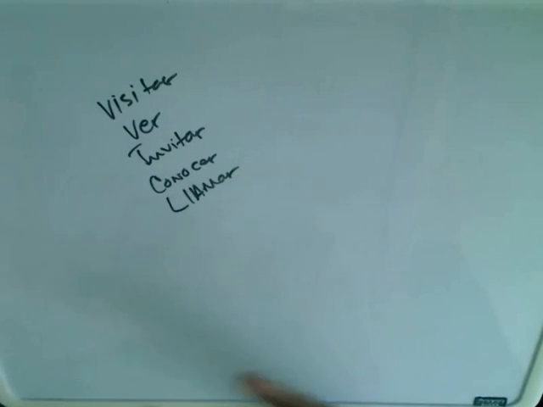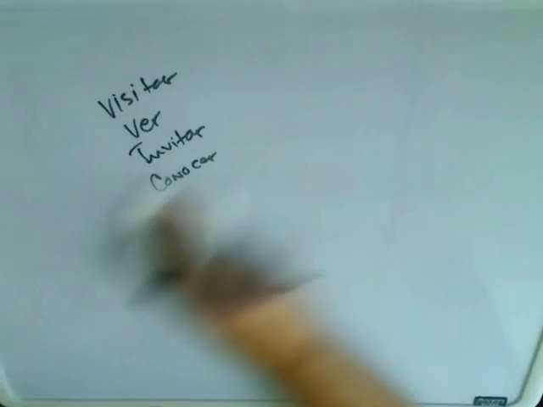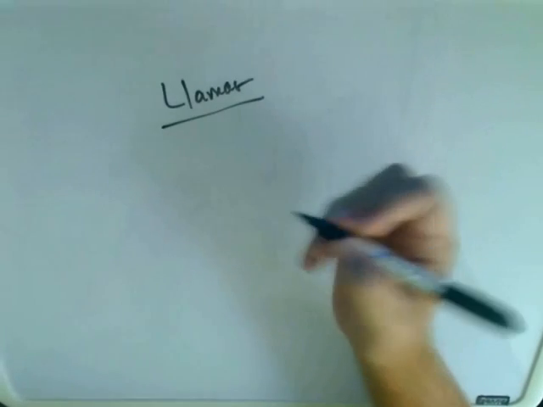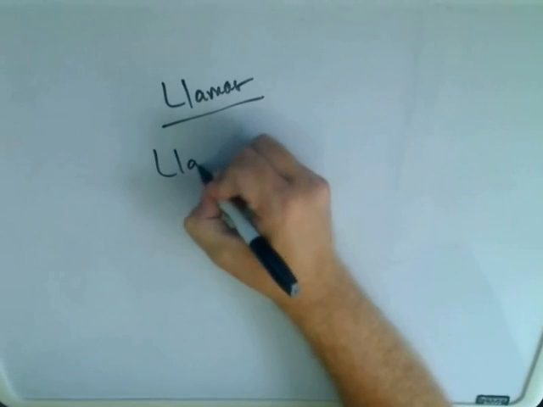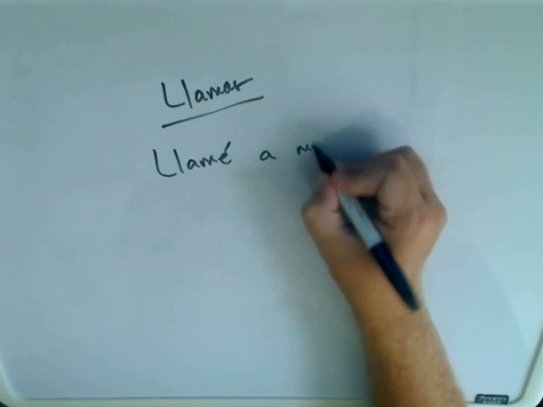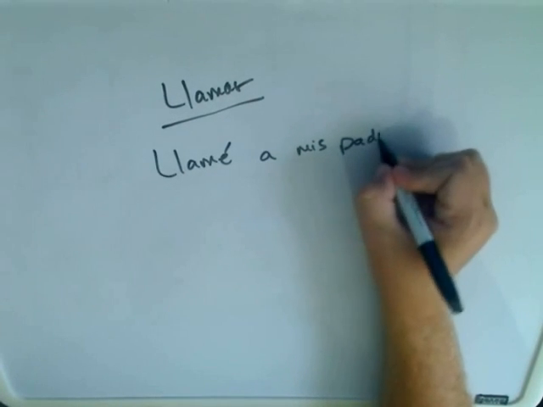These are just a few of the verbs that would often require that a personal. So let's show you another example with the verb llamar, to call. I might say, I called my parents. Llamé a mis padres.